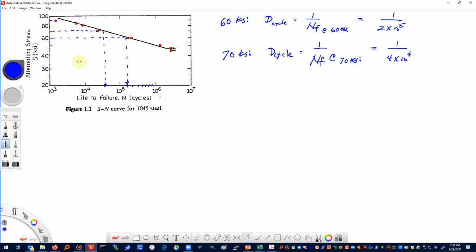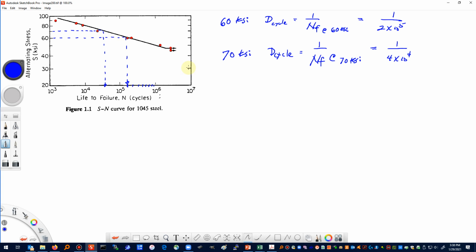Now, of course, if we're out here less than, well, here's 50, maybe it's about 45, 42 KSI, it doesn't fail, so there would be no damage if we're at a stress level that's low. Okay, well, how would we use this information? Many of the applications that we're going to look at aren't going to be restricted to just one stress amplitude.